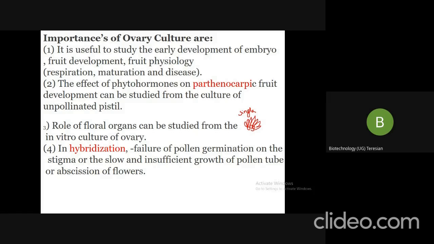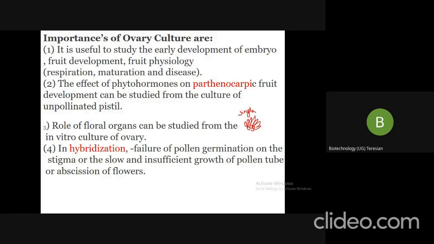So that is the importance of your in vitro ovary culture. It initiates your ovary to develop into a fruit.